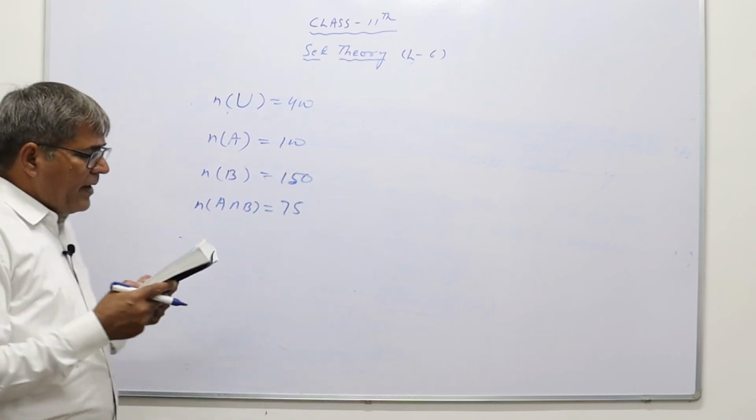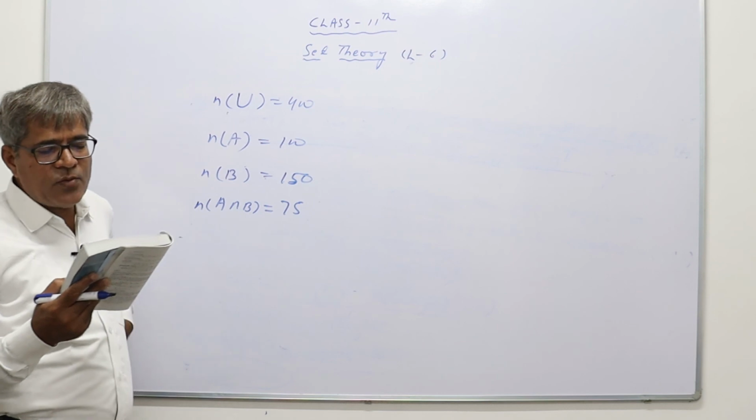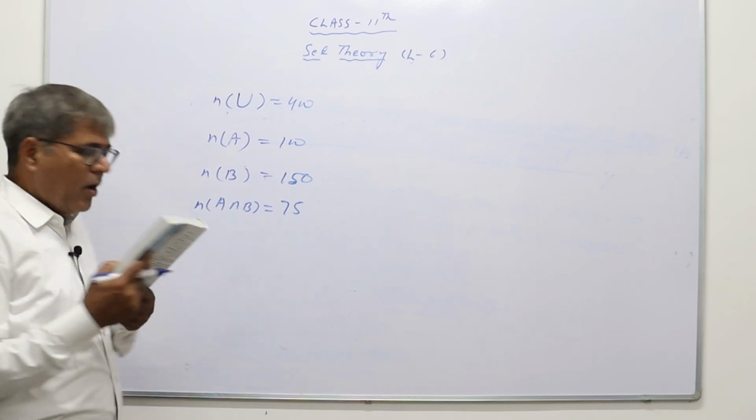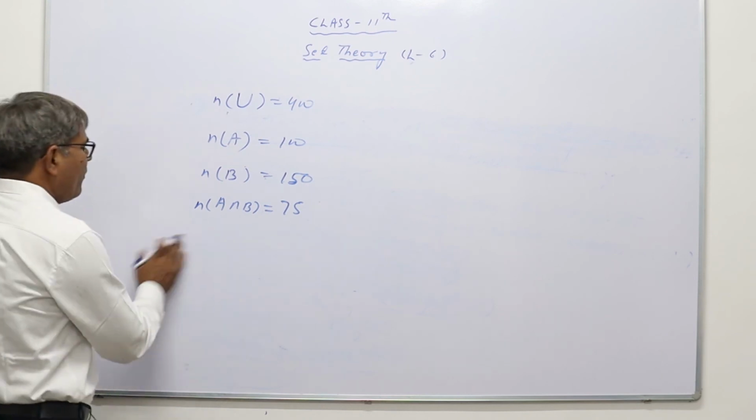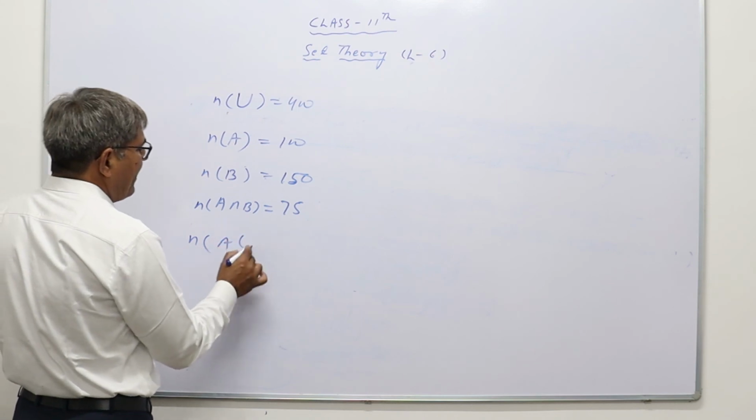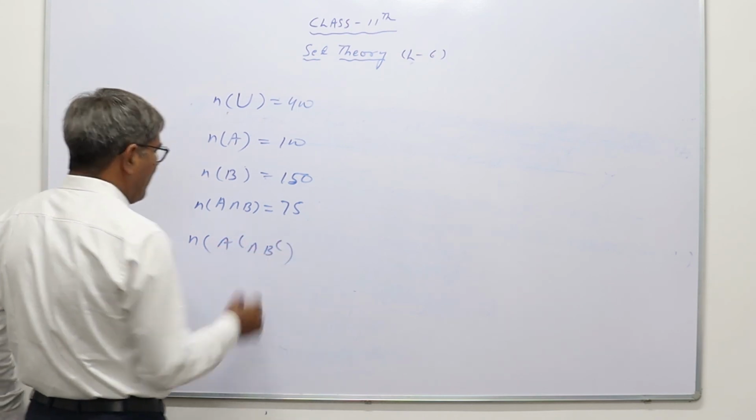So now what we have to find is how many students were taking neither apple nor orange. So we have to find n(A complement intersection B complement).